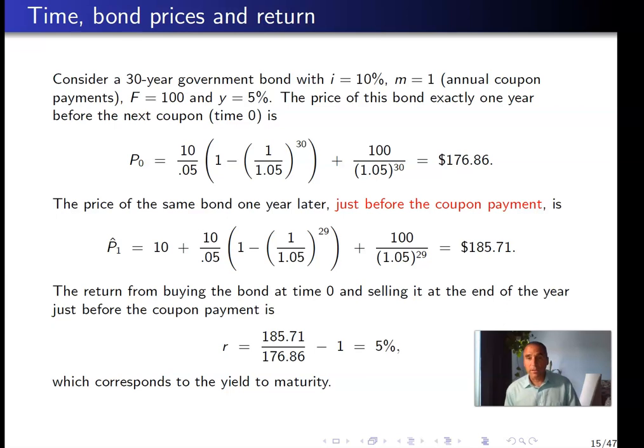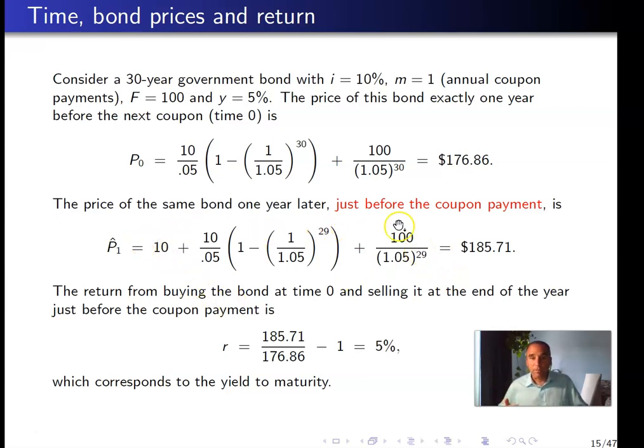The same bondholder sells the bond right before the first coupon payment at a price P hat 1, which is the coupon payment to be received tomorrow, like $10. $10 is 10% times 100 plus whatever will be the value of the bond, taking into account the 29 remaining coupon payments and the 29 periods before the face value will be collected.